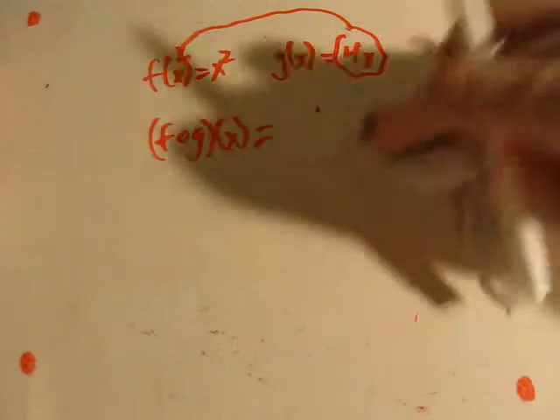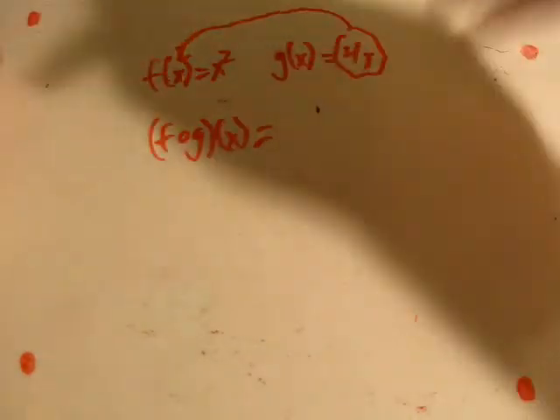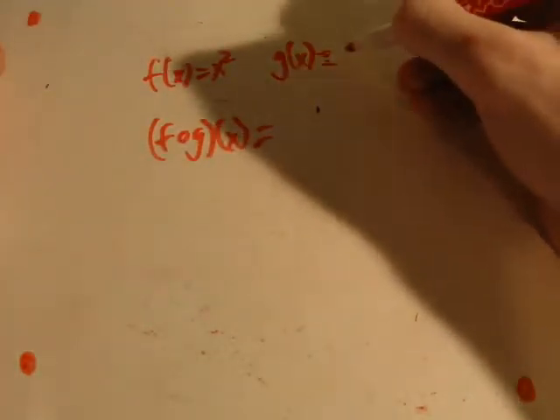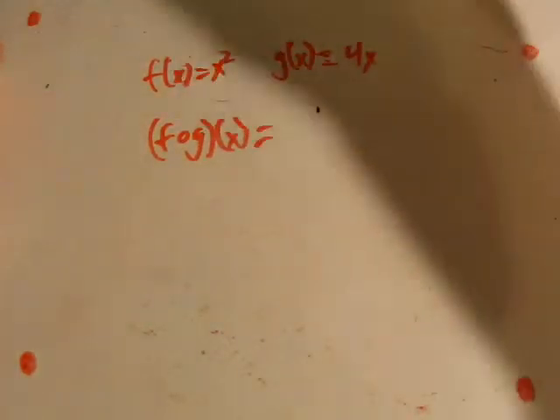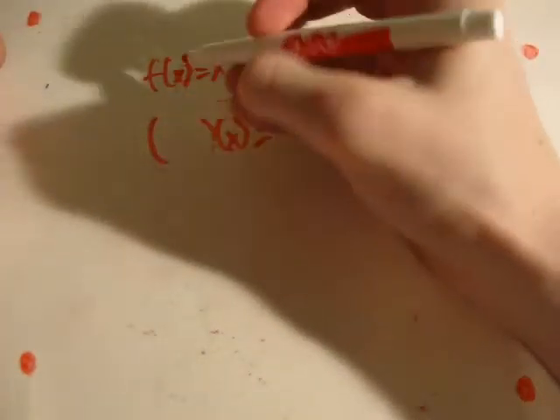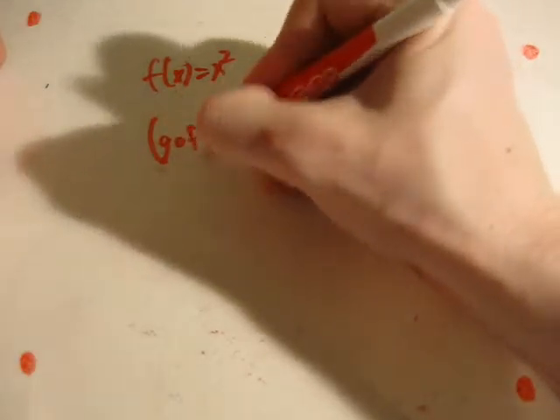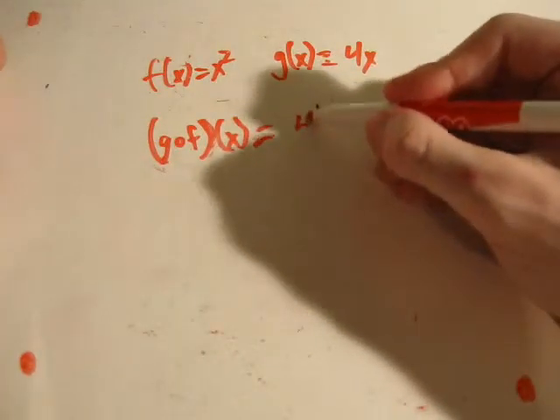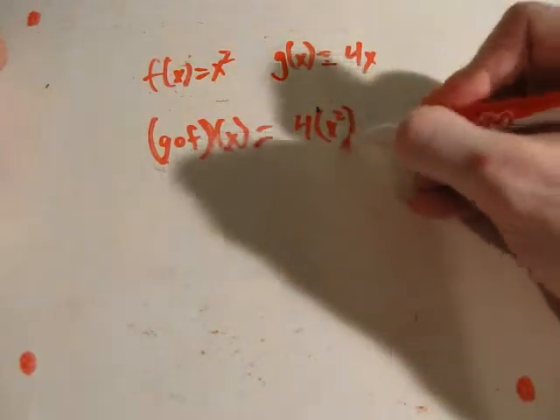If it were the other way around, we'll say it was G composition of, F composition of G, then you'd put this in for the x. So it'd be 4 times x squared.